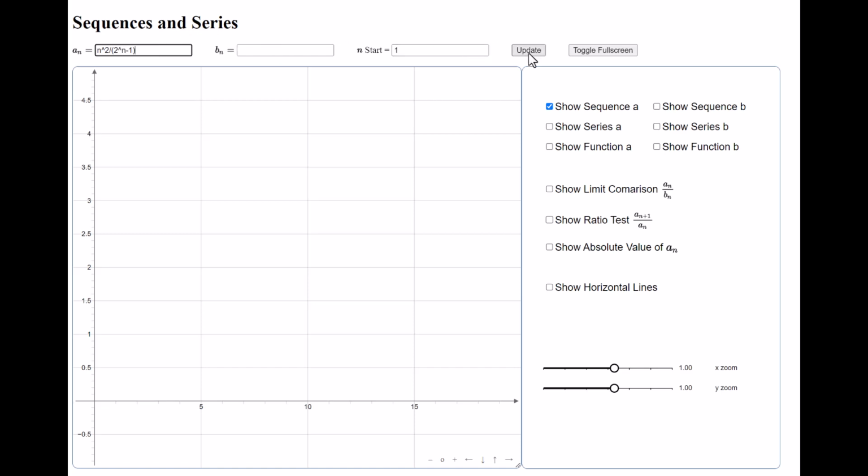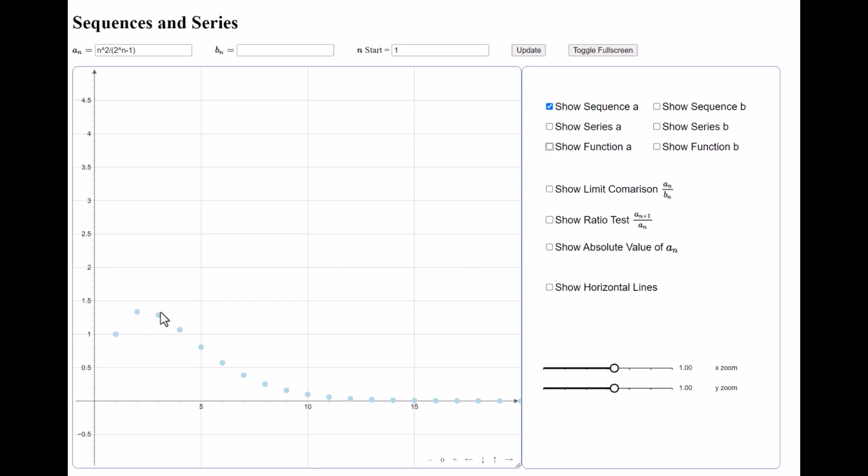If I draw this sequence, here's the pattern I run into. It's rather interesting because it starts off increasing, but then it reaches a maximum at some point and turns around and starts to decrease. Even if you drew this as a function, you would see that pattern.